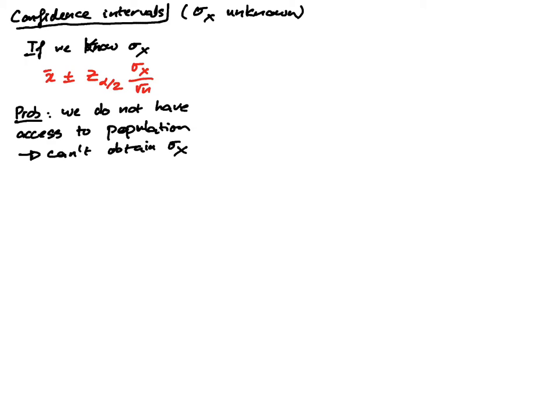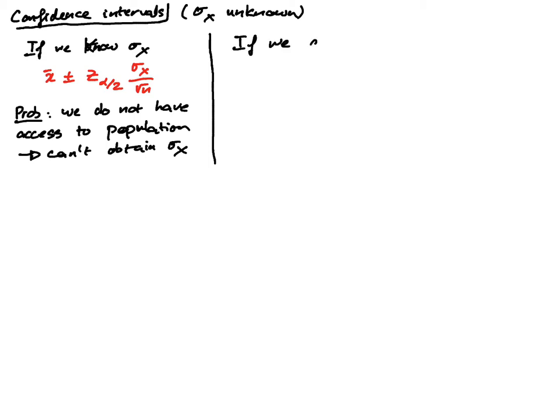Imagine if we had access to the population, you would just go ahead and calculate the population mean immediately. You wouldn't bother spending time constructing confidence intervals. So because of this drawback, we have to find another way to calculate confidence intervals when we don't know the population standard deviation.